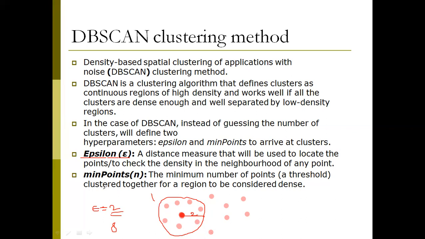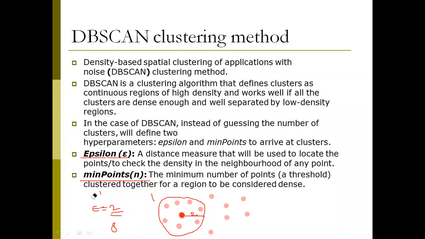For this, here we are going to assign the minimum data points ourselves. Suppose, from my point of view, minimum data points are 4. I have given one number, that is 4.